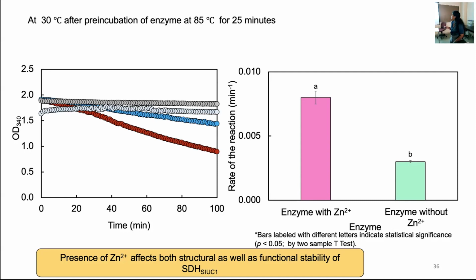So we could see that it affects both structural and functional stability, because this rate was less than the previous experiment when you use the enzyme without the pre-incubation at 85. However, the enzyme still managed to be active at 80 after the pre-incubation and still convert the substrate into its product.